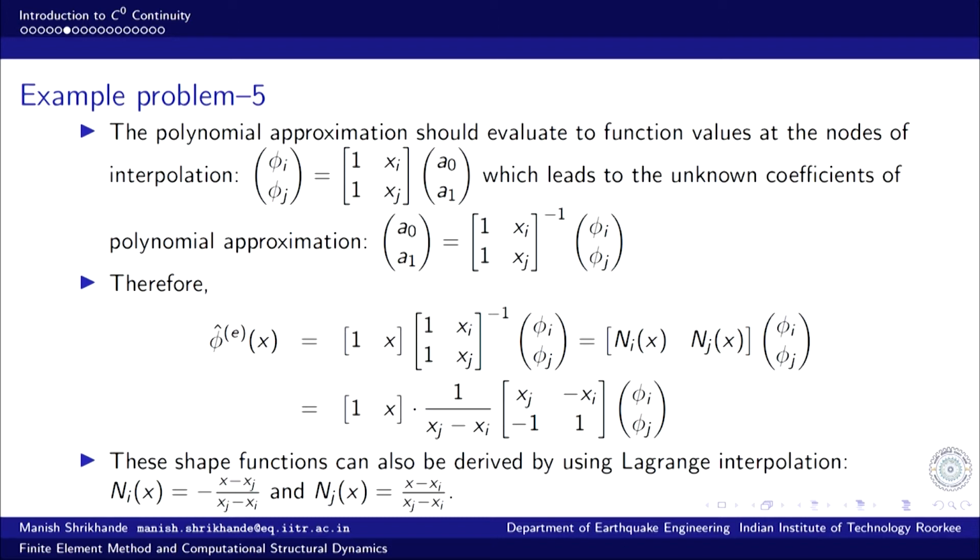So, N i is equal to x minus x j divided by x i minus x j, and N j is equal to x minus x i divided by x j minus x i. This is the normalization criterion that each should take unit value when evaluated at its respective native node.